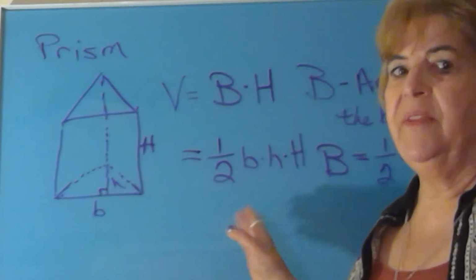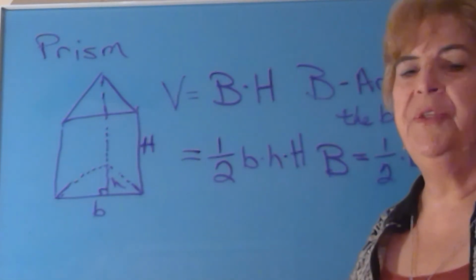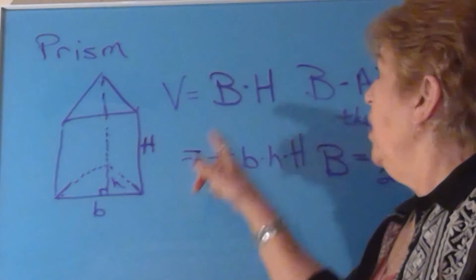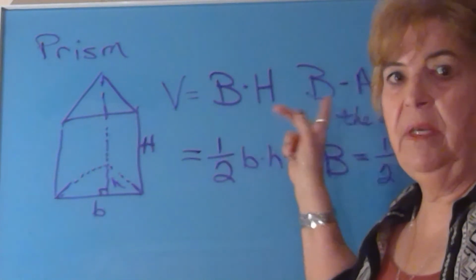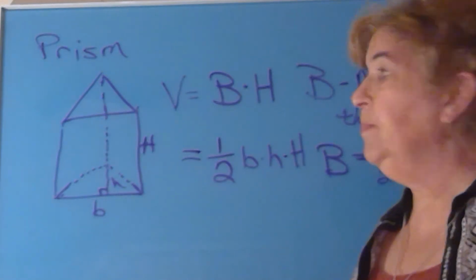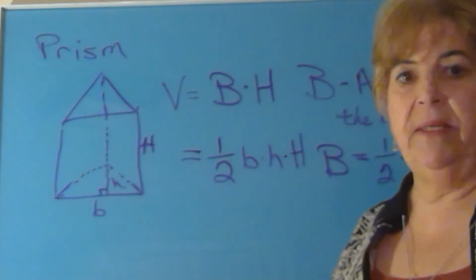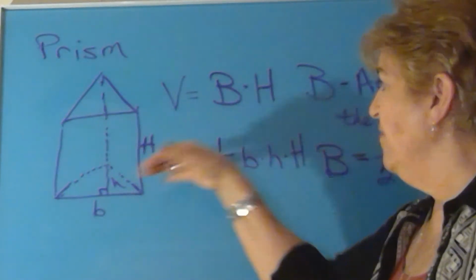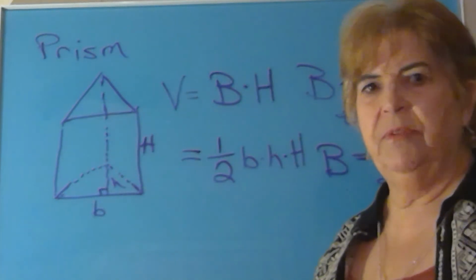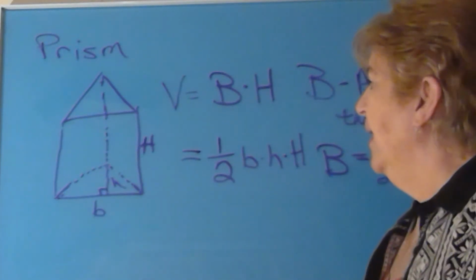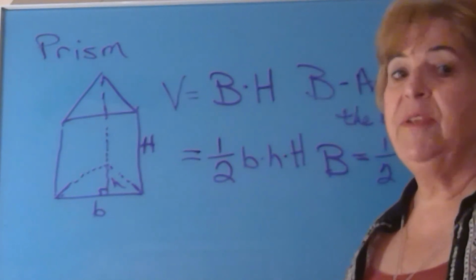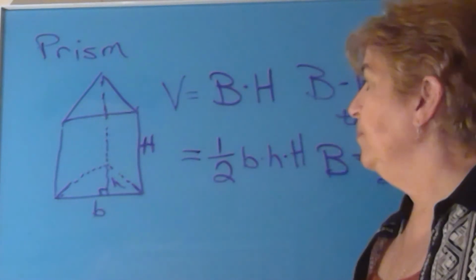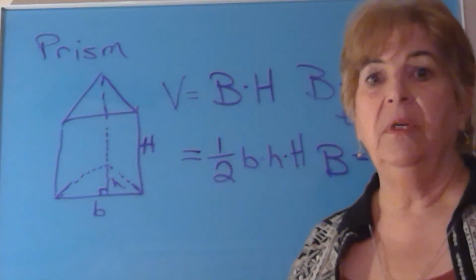That's why usually when you see this formula written out, you will simply see it written as capital BH, where the capital B represents the area of the base. That way you're not having the same variables used more than once. But that's all you have to do. And that's what we did with the box also.